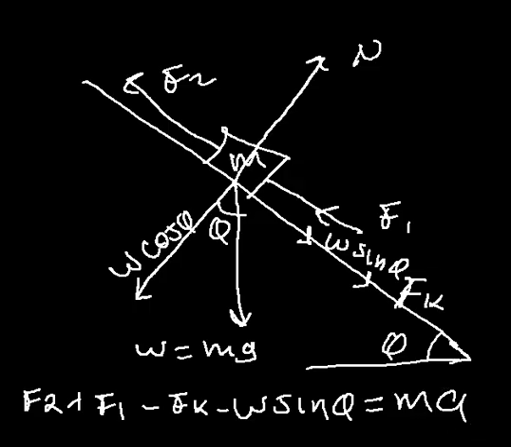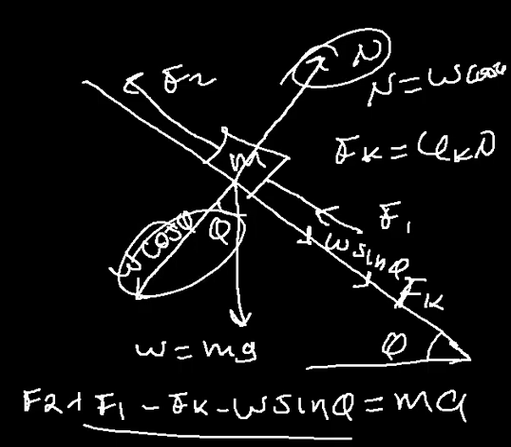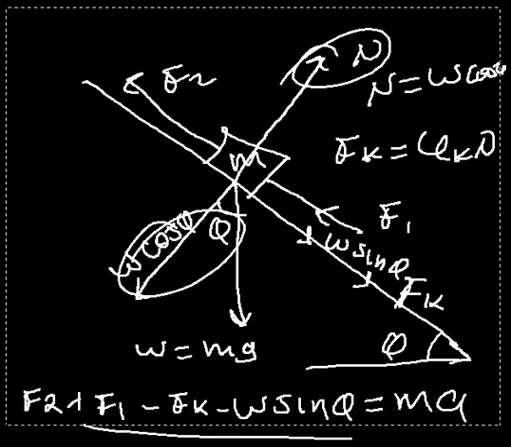Then we can obtain the acceleration using this expression, where Fk, which we already talked about, is given as mu k times the normal force. The normal force is N equal to W cos theta if we only have two forces acting along the y-axis.